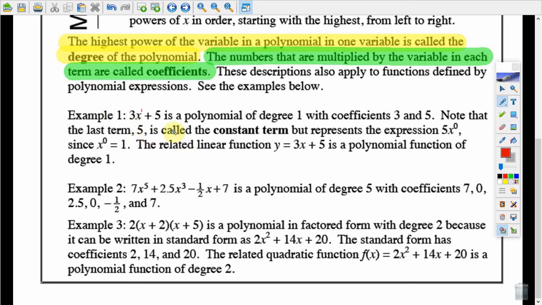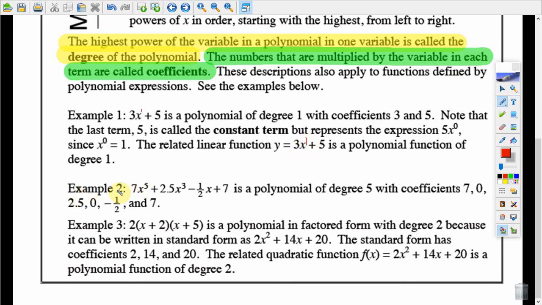Note that the last term, 5, is called the constant term, but represents the expression 5 times x to the 0, and since x to the 0 is 1, 5 times 1 is just 5. The related linear function y equals 3x plus 5 is a polynomial function of degree 1, again because the degree is the highest exponent there, which is just x to the first power.